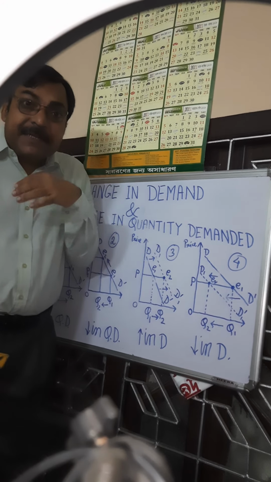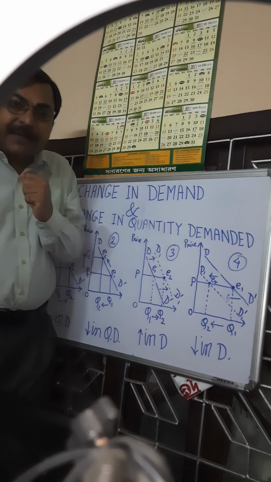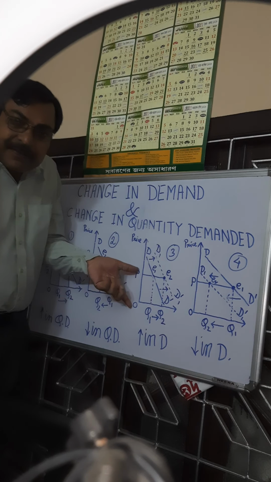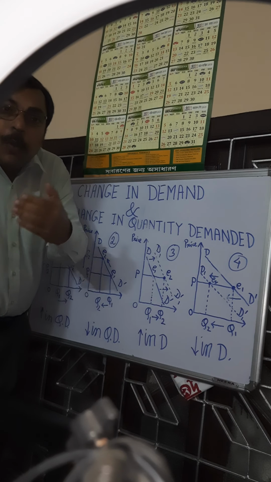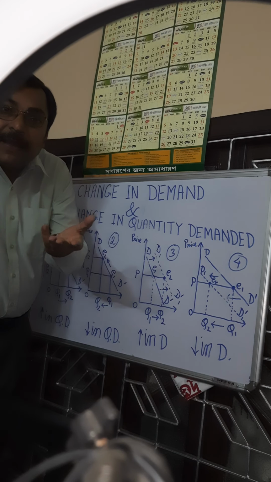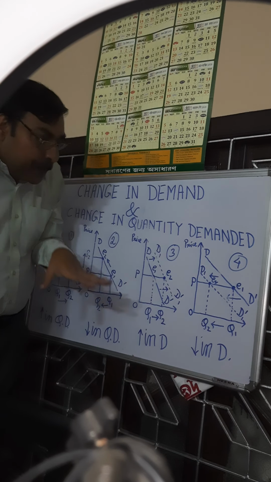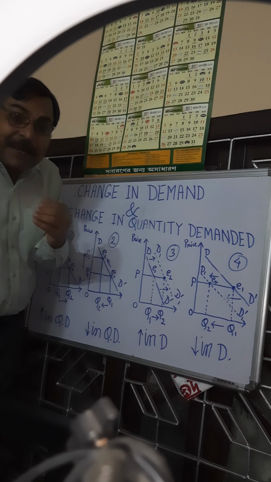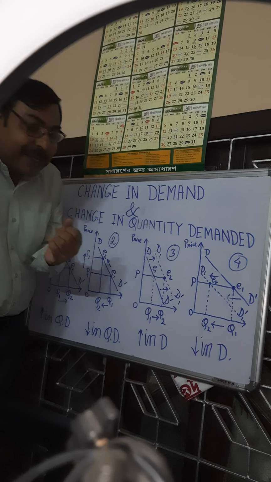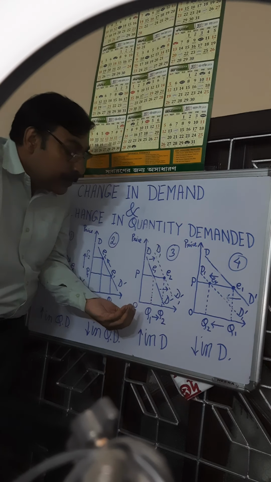If the consumer expects a rise in price in the near future, price is fixed, but the consumer expects tomorrow's price will be higher, so it is better to purchase today. Because of this expectation that price will rise in the future, they may start to purchase more.